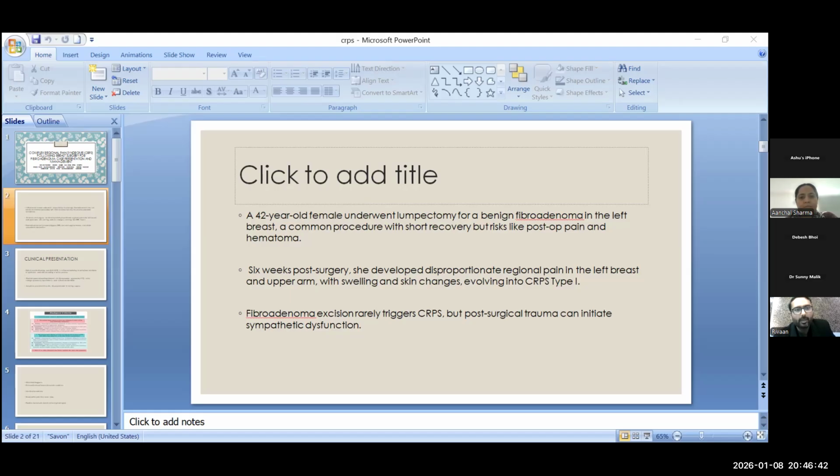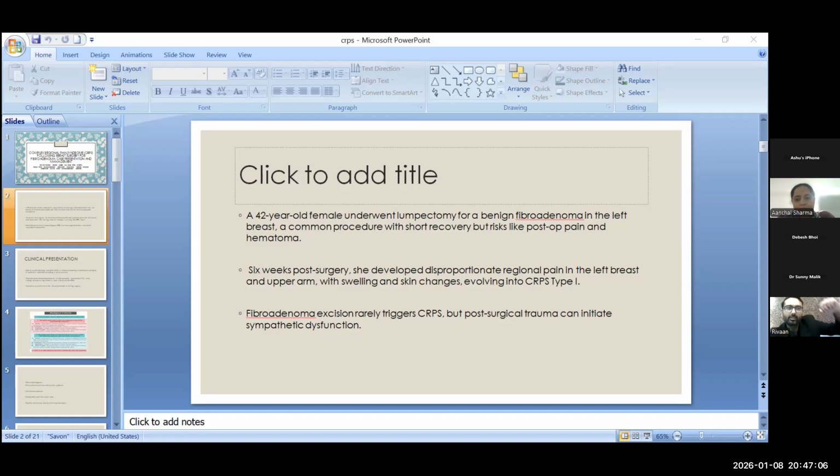Usually fibroadenoma excision rarely triggers CRPS, but post-surgical trauma can initiate sympathetic dysfunction. Clinically, the patient reported severe burning pain with a VAS score of 8 by 10 in the left breast radiating to the axilla and arm. There was allodynia to light touch and edema starting 6 weeks post-op. The patient characteristically was not able to sit with her arm lying by her side.